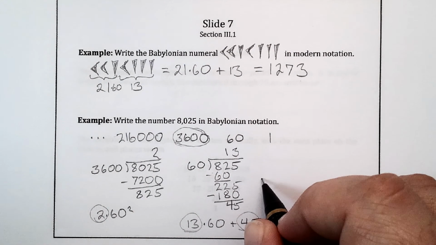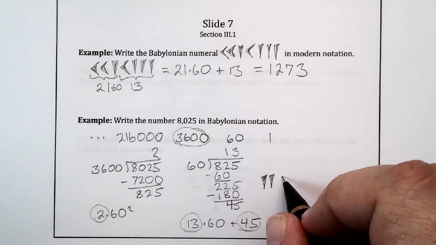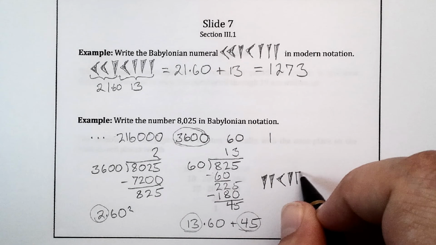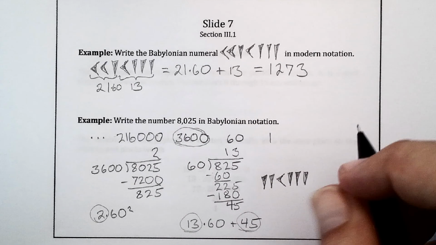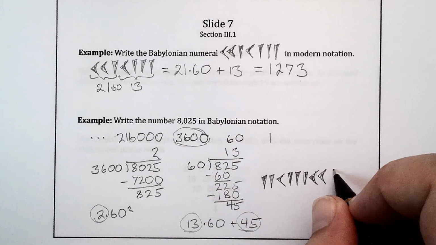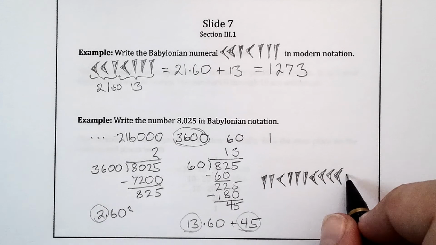So we need 2 wedges, a crescent and 3 wedges, four crescents, and 5 wedges.